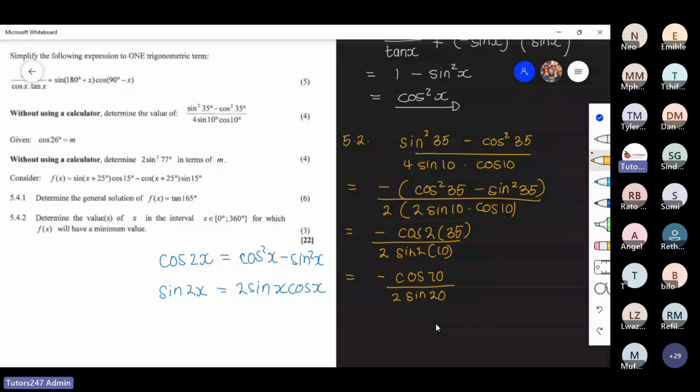So you need to train your brain such that you are able to identify co-ratios immediately, because that is very important.